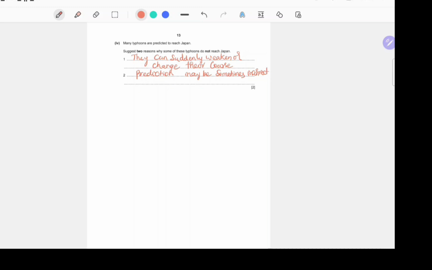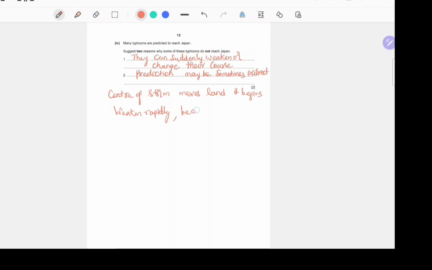Okay, they don't have enough energy before reaching the land, so it may reduce or weaken once the center of the storm, the eye, whatever we say, moves to the land. I'm writing here, if you want to note it. If it moves to the land, it begins to weaken rapidly because of the temperature and other conditions.